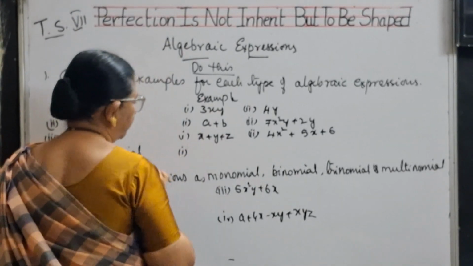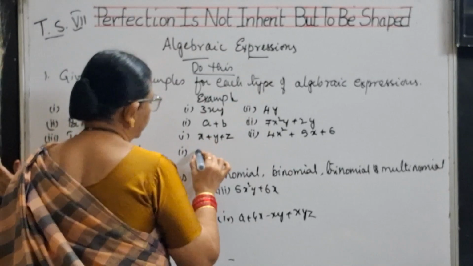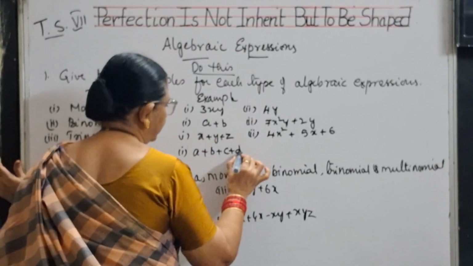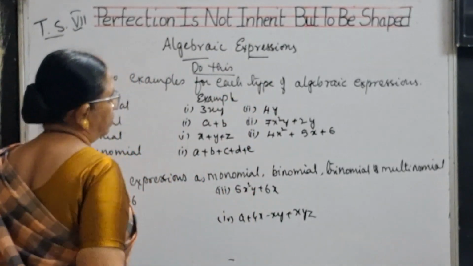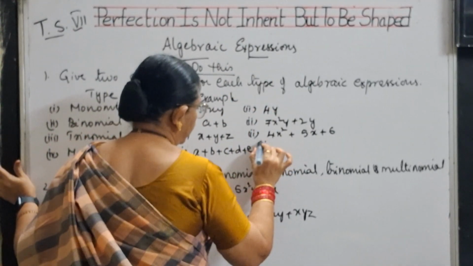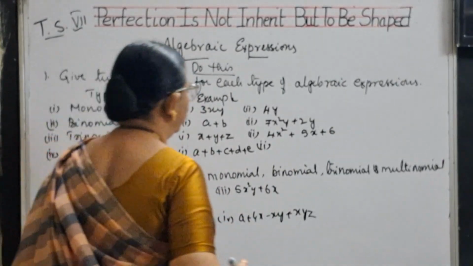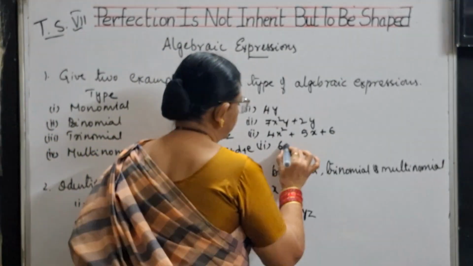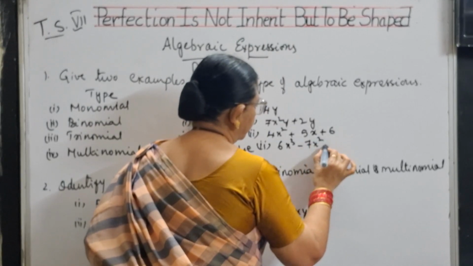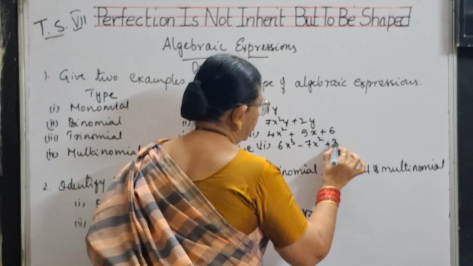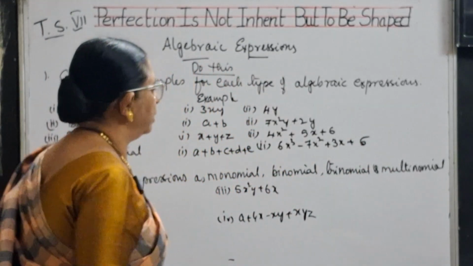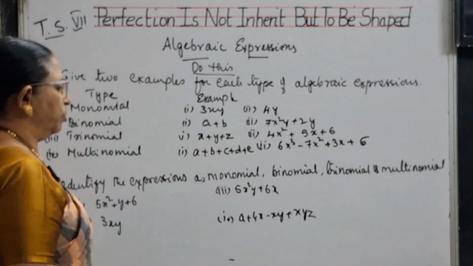So first example, I will take here a plus b plus c plus d plus e. This is multinomial I can take. And second example, 6x cube minus 7x square plus 3x plus 5. You can take it as multinomial.